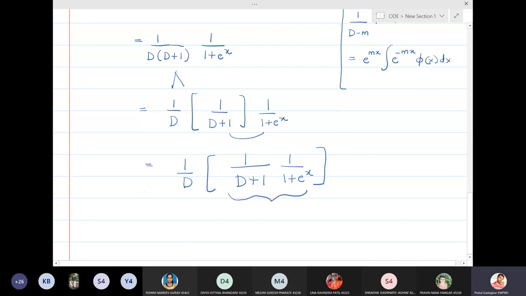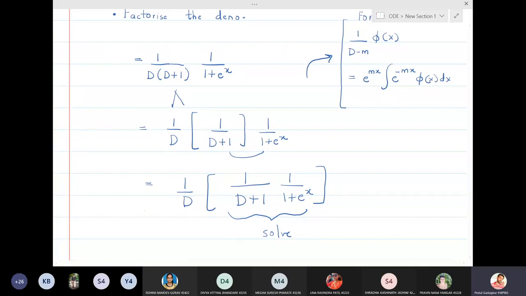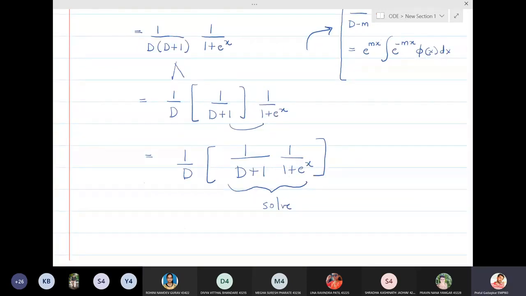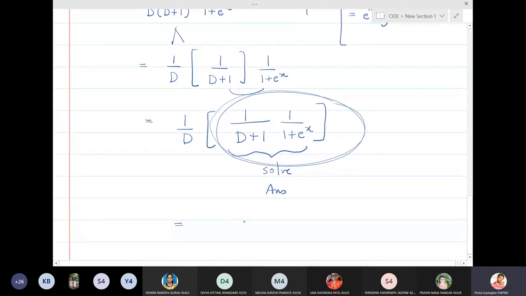Then I will solve this using the same formula again, and find its answer. When I completely solve the inner part, I will get some answer, and that answer is still stuck inside 1/D. This is like f composite g: first you find g(x), and once you find g(x), then you apply f on that. Suppose I'm solving a double integration of some function.